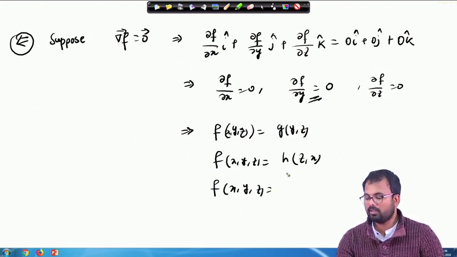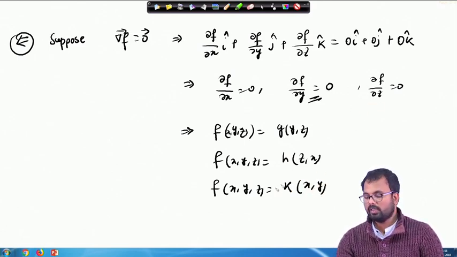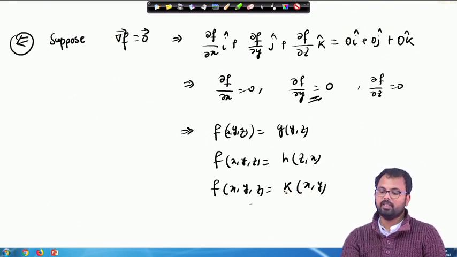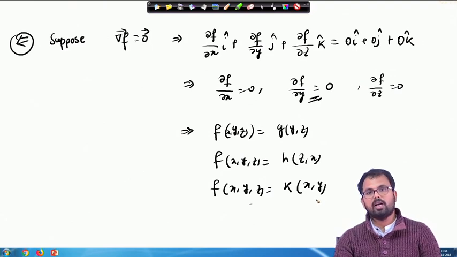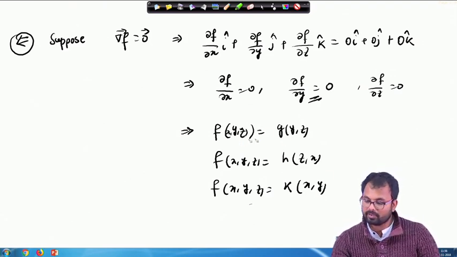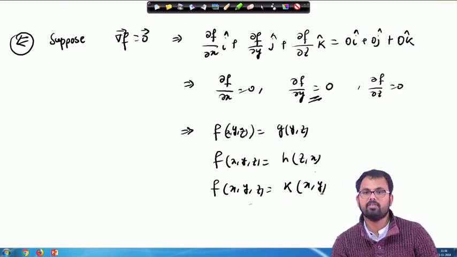Let us say I have k, then integrating the third equation will give me f as a function of k(x, y). Now, here we have a problem. One function cannot be equal to 3 different functions unless the function itself is constant, because the function cannot be just a function of y and z, and also a function of z and x, and also a function of x and y.